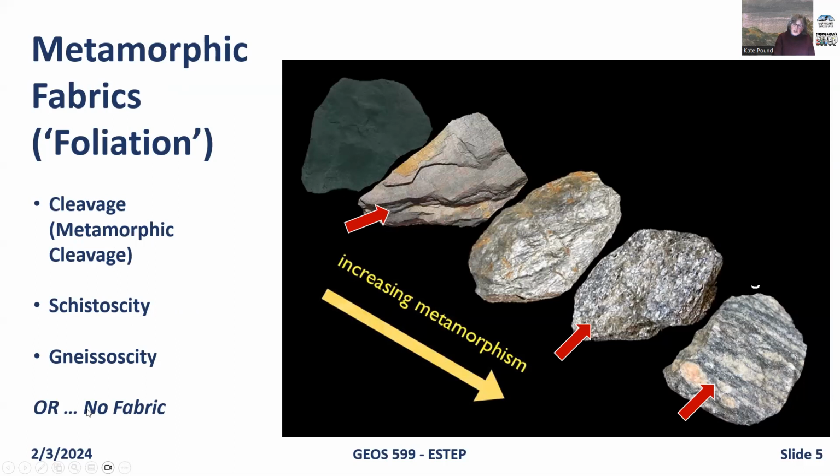And then there are some metamorphic rocks that don't have any fabric at all. So over in the image on the right, this one here is an example of cleavage. And so effectively, the rock will have a tendency to break in layers that may or may not be parallel to any original bedding if it was once a sedimentary rock.